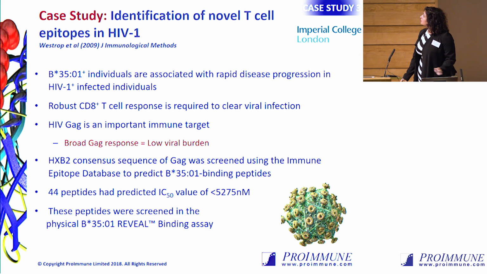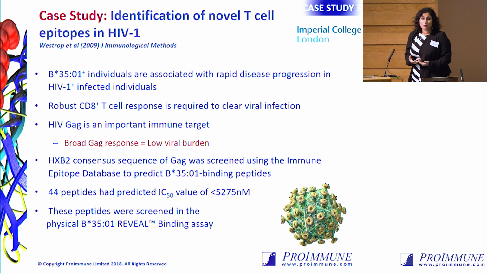Again, to illustrate, just a quick case study using HIV, which we're very proud of as well. This was in collaboration with Imperial College. And in this case, the research group was interested in B35 positive individuals because this HLA type was associated with a rapid disease progression in HIV-infected patients.